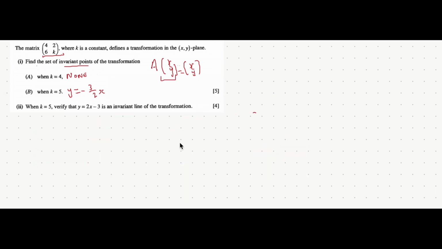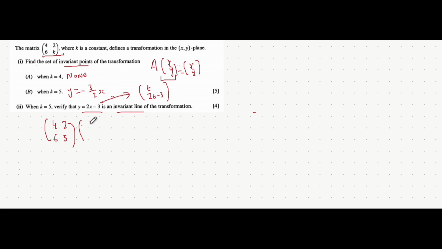Let's now move on to the last question, which is what most students struggle with: finding invariant lines. Here, again, we're going to use the fact that k is equal to 5, so we're going to use 4, 2, 6, and 5 as our transformation matrix. We're going to check if this line is invariant. We choose a random coordinate on this line. When x is equal to t, y would be equal to 2t minus 3.